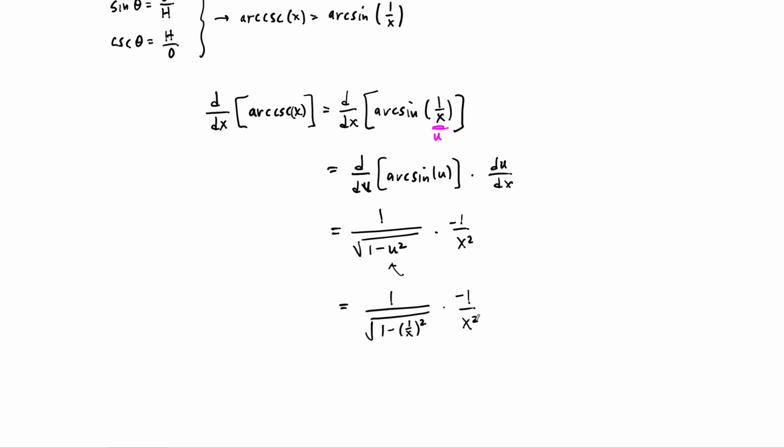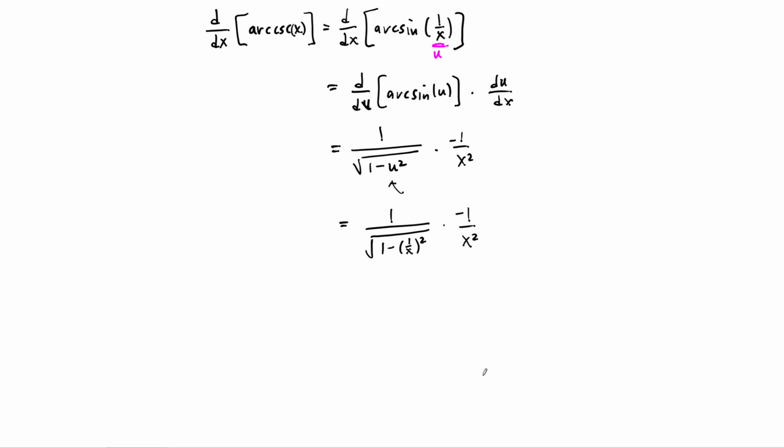We want to simplify this as much as we possibly can. We can get a common denominator here, and we can write this as 1 over the square root of x squared minus 1, over x squared, times negative 1 over x squared. Then the square root of x squared can come out as an absolute value of x.